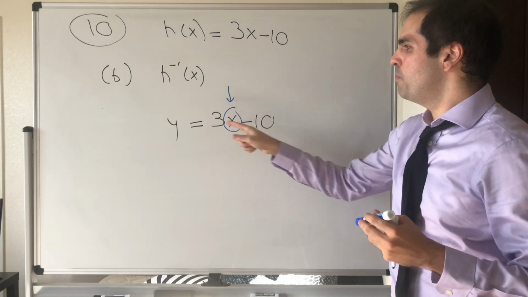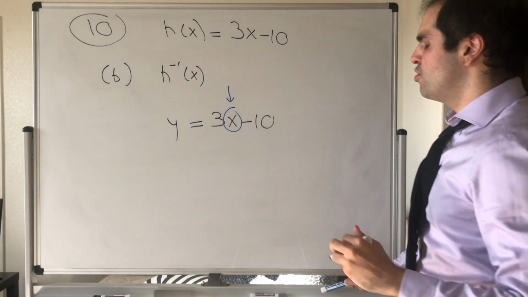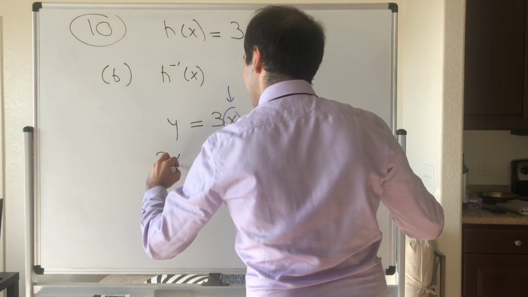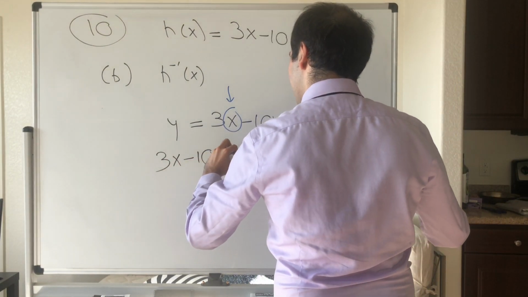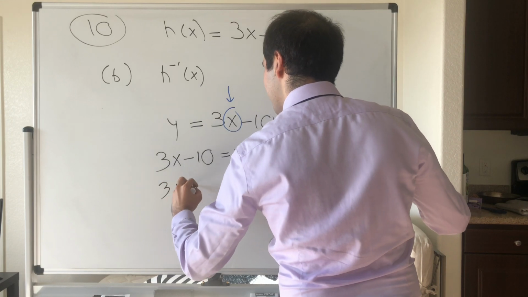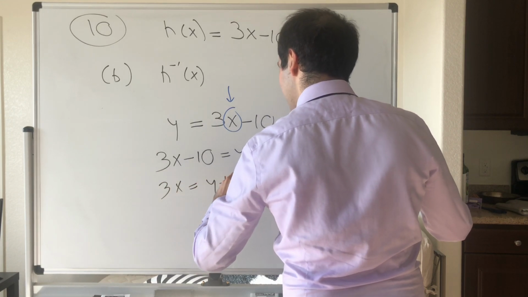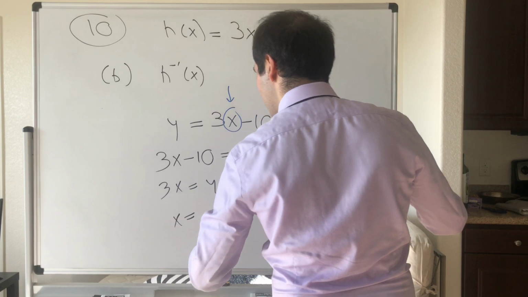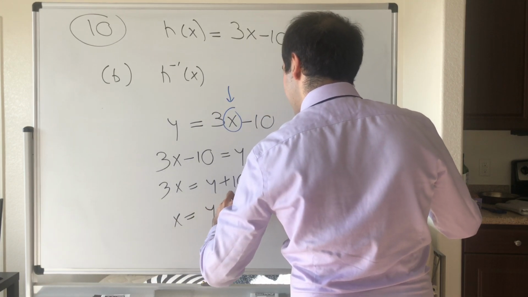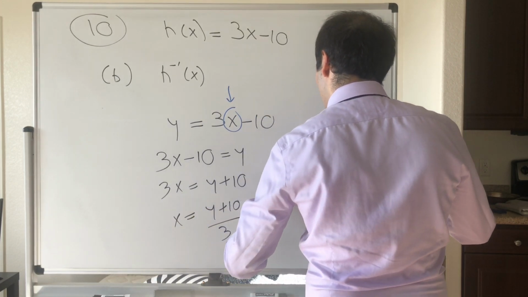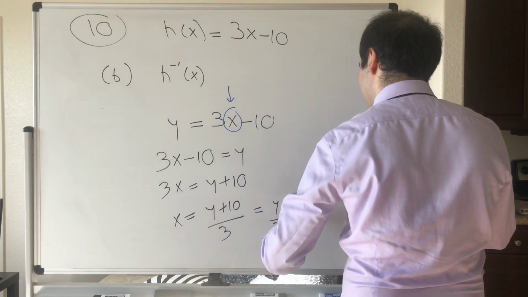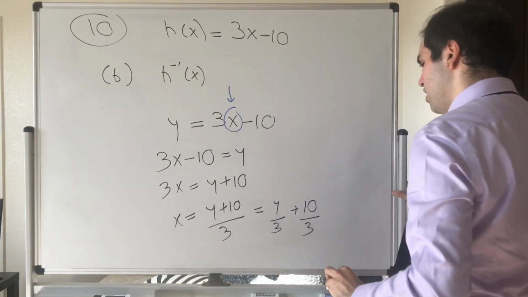It gives you the input whose output is y, so we get 3x minus 10 equals y, 3x equals y plus 10, and then x equals this over 3, so y plus 10 over 3, which is y over 3 plus 10 thirds.